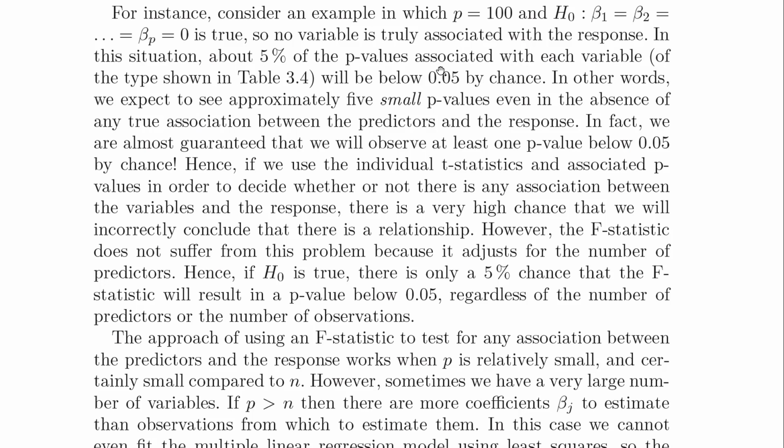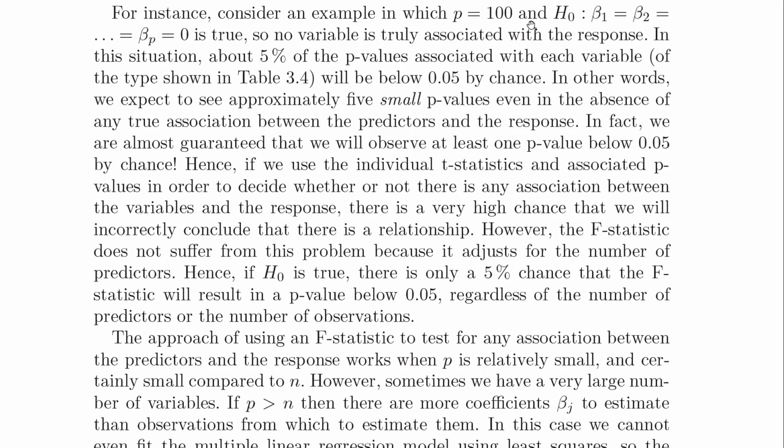And remember, I think a memorable way of remembering whether you reject or you don't reject is, if p is low, then h naught must go. If p is low, then h naught must go.